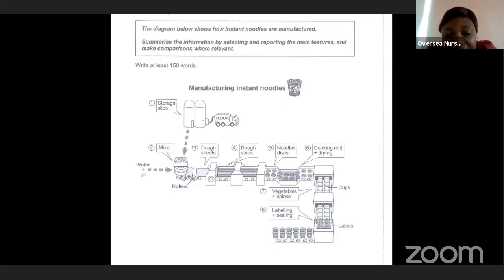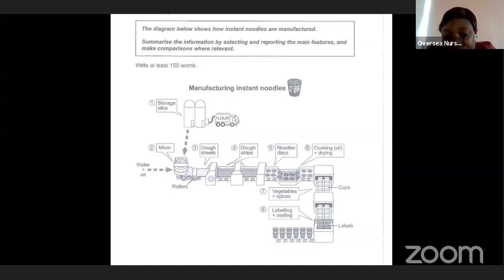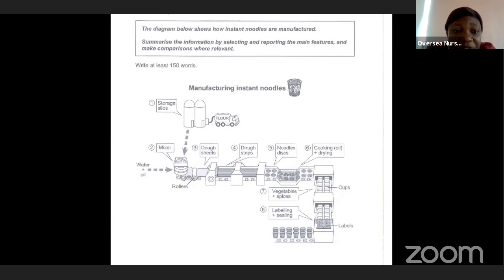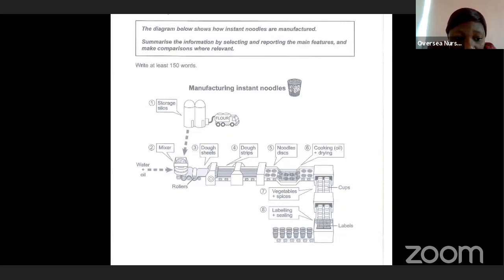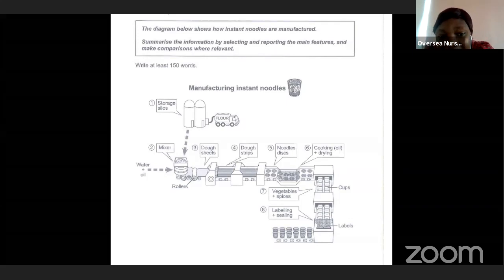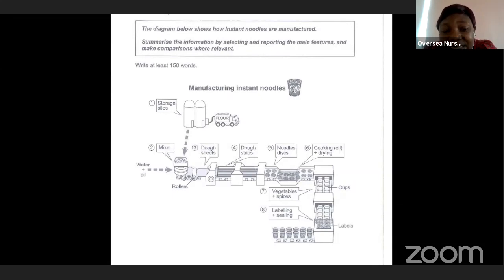What is confusing in this thing if you follow the arrow? Look at the arrow coming down from the silos. And then from the rollers where the mixer is, we can see that water and oil is coming in from a different direction into the mixer. And from there, it is now being rolled, and then it forms the dough sheets. From the dough sheet, it passes through something that makes it into strips.